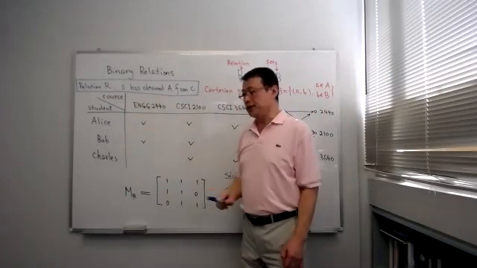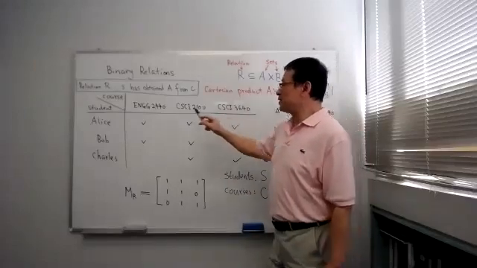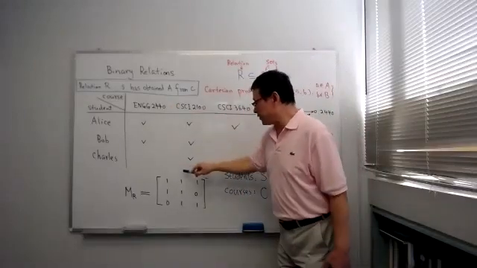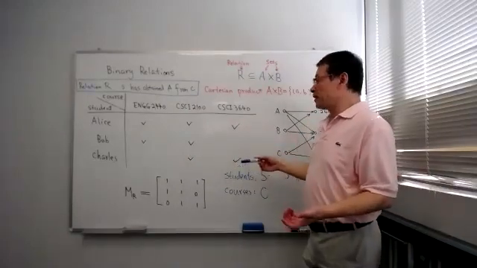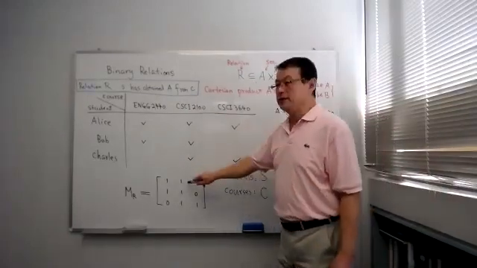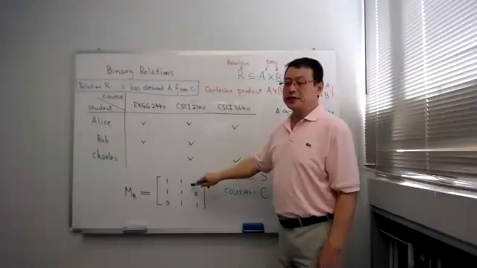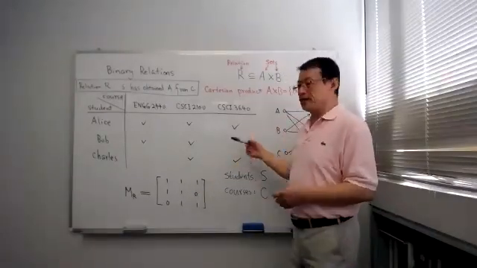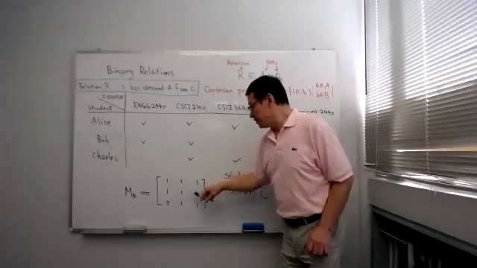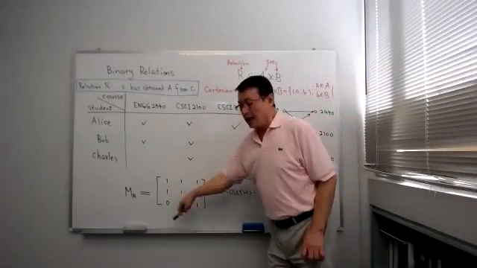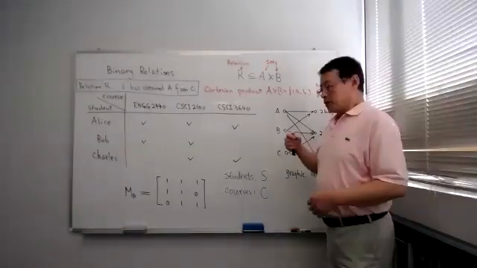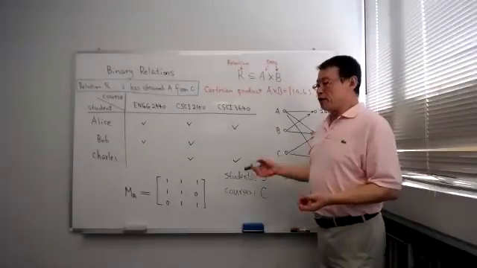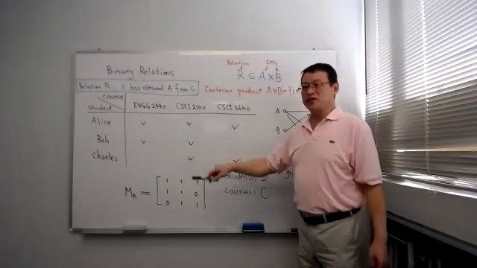Each column corresponds to courses, so we have three courses. Then the correspondence is obvious. Instead of a pick, we use one if student S obtains grade A for course C, and zero otherwise. That's given as a matrix. Later on, we'll see it's much easier to do operations on relations if we use the matrix representation.